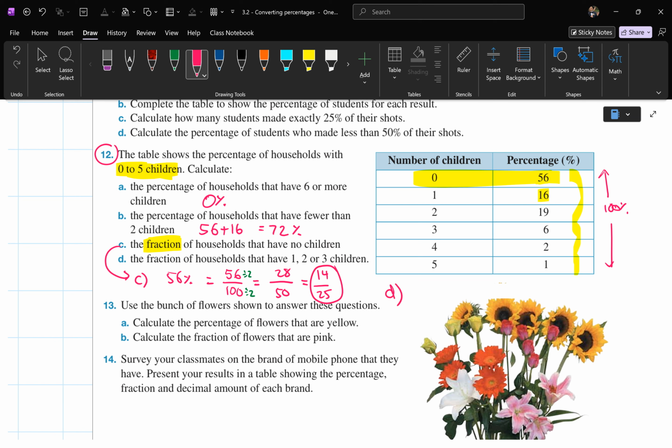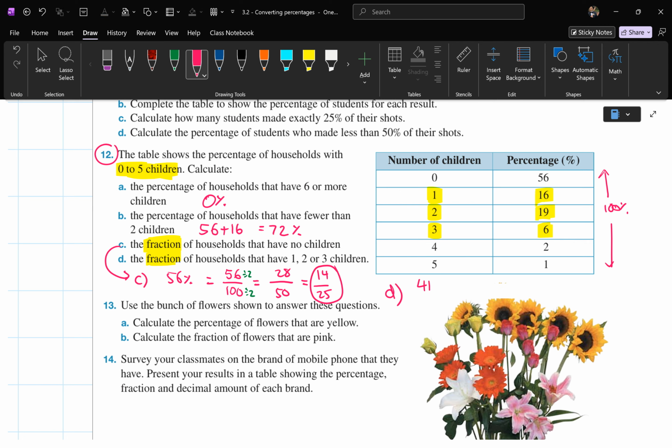And then finally, D, it says the fraction again. They want a fraction of households that have 1, 2, or 3 children. So that's 16, 19, 6. If you add those together, 25 plus 16 is 41, I think.